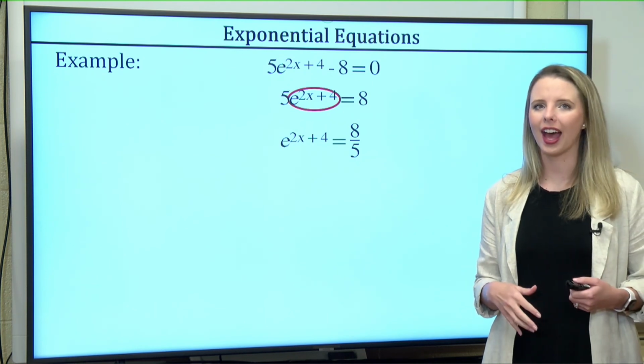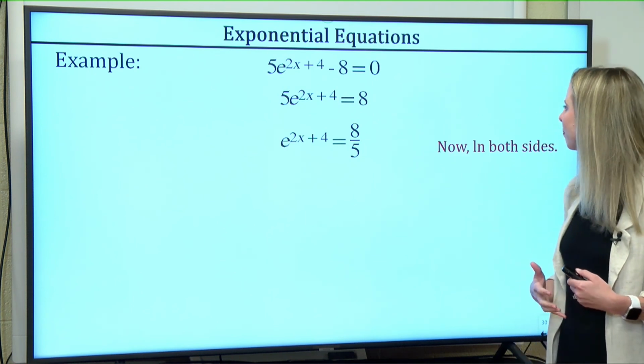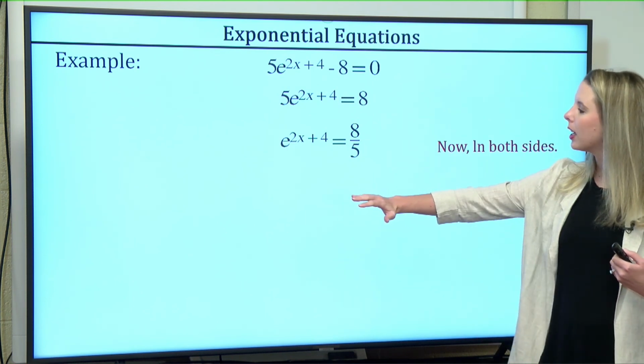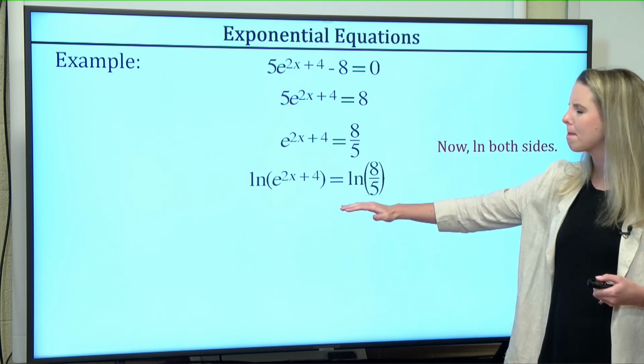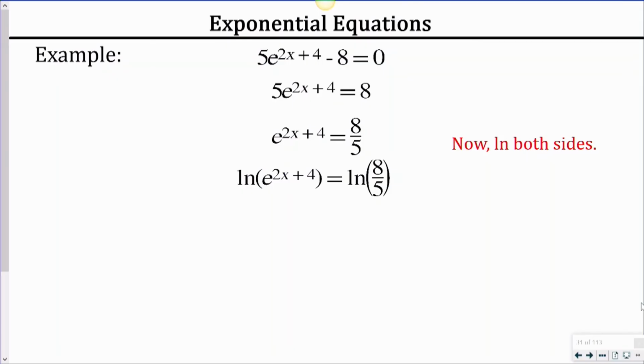So our next step is to change this problem to a logarithmic function. And to do that, I'm going to show you what it means to take the natural log of both sides. Okay, so this is what it looks like. But why is this allowed? We can do this because what we did to one side, we did to the other, right?